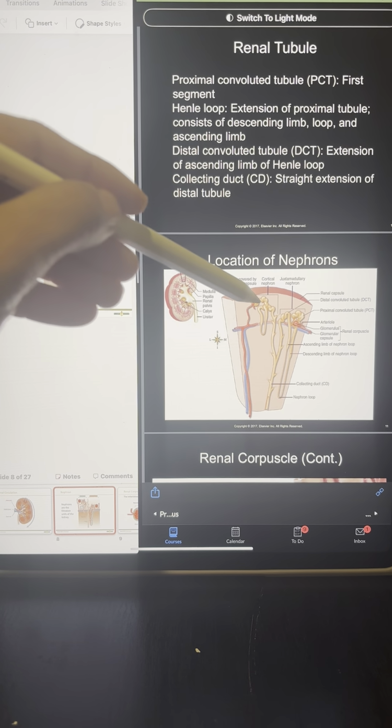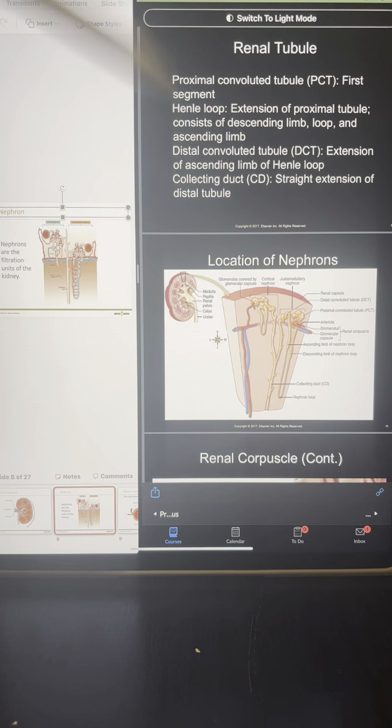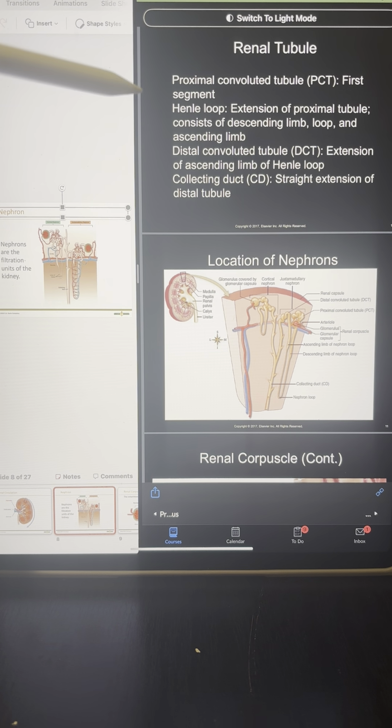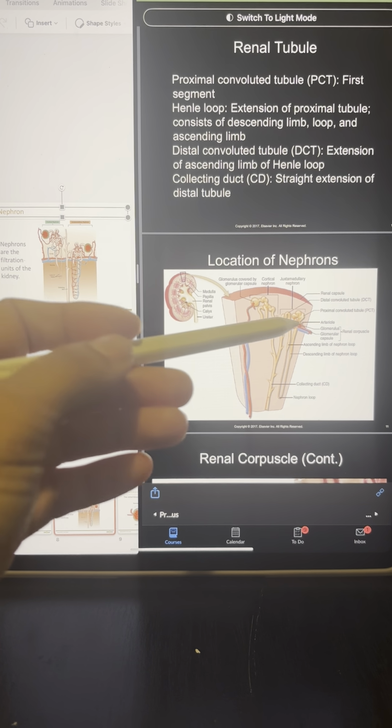Proximal, you got these tubes, okay? These are your renal tubules. Convoluted, I believe in that video I sent you, he said they just mean windy and twisty. So don't let that confuse you, okay? Proximal means close. We remember that from week 1. Distal means further away. So you can see it gets further away from the glomerulus.